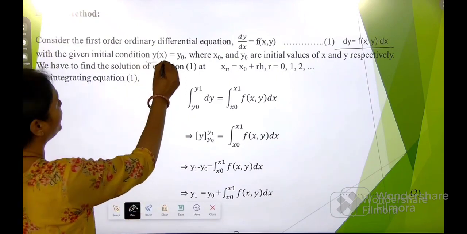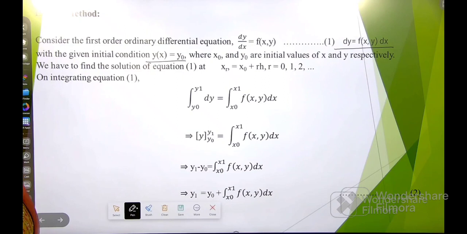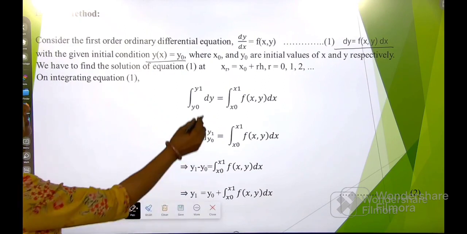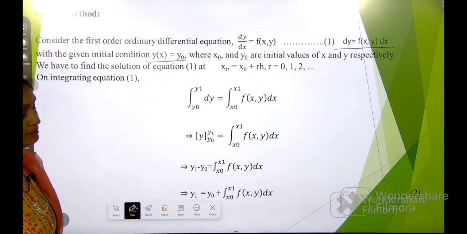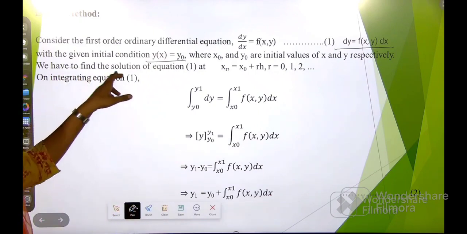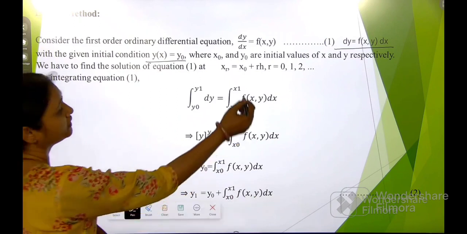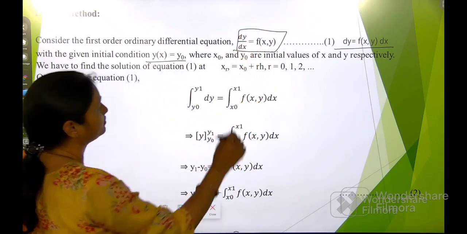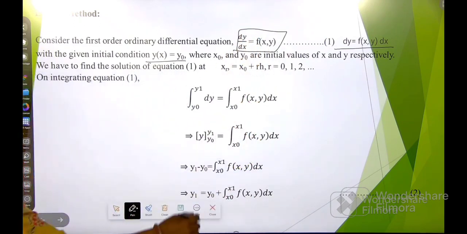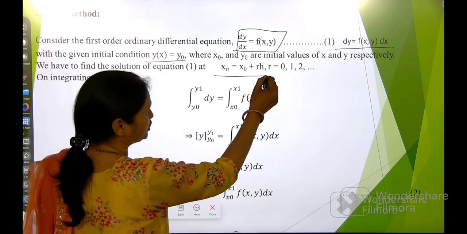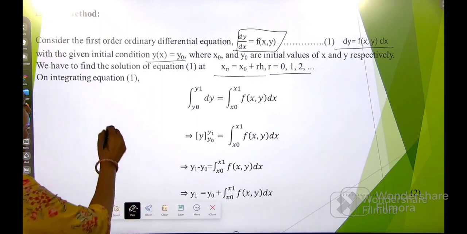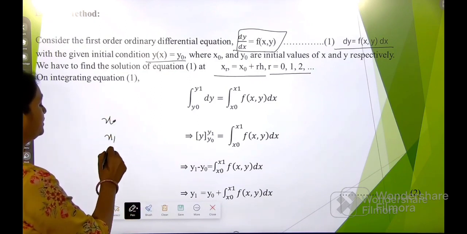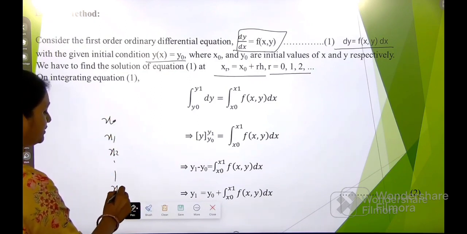Also we are given the initial condition y of x0 is equal to y0, where x0 and y0 are the initial values of x and y respectively. Now we have to find the solution of equation 1. We have to solve it at xr is equal to x0 plus rh, where r varies from 0, 1, 2. That means we have to solve it at x0, x1, x2 up to xn.